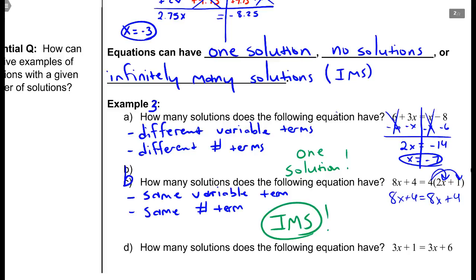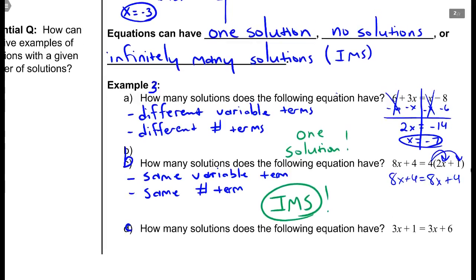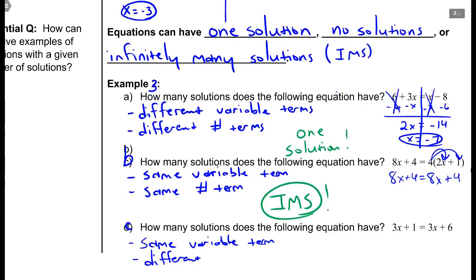And lastly, how many solutions does this following equation have? And this is an example of something that has no solution. And what you're looking for here is the same variable term, but a different number term.